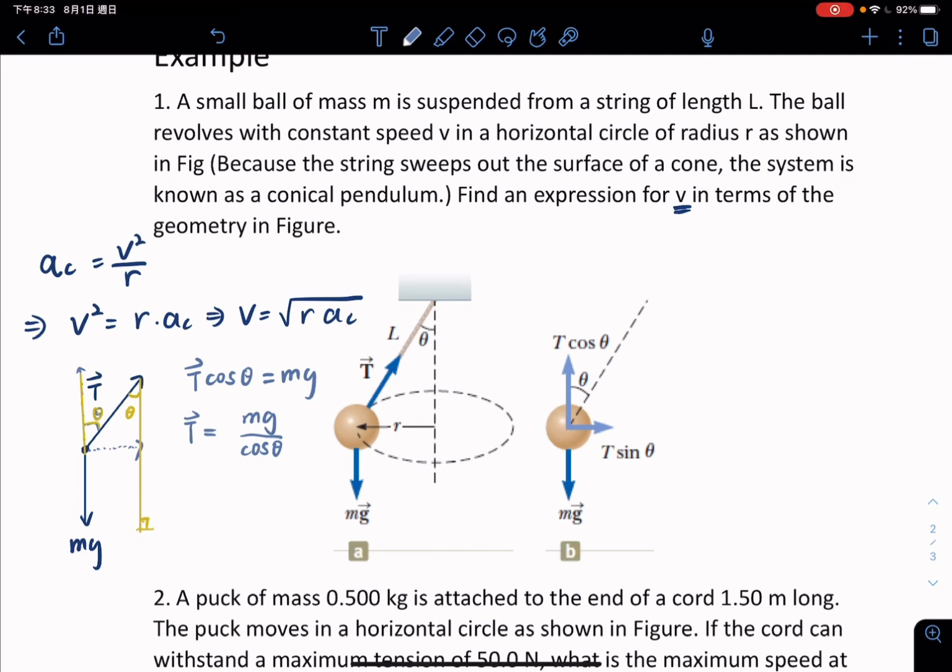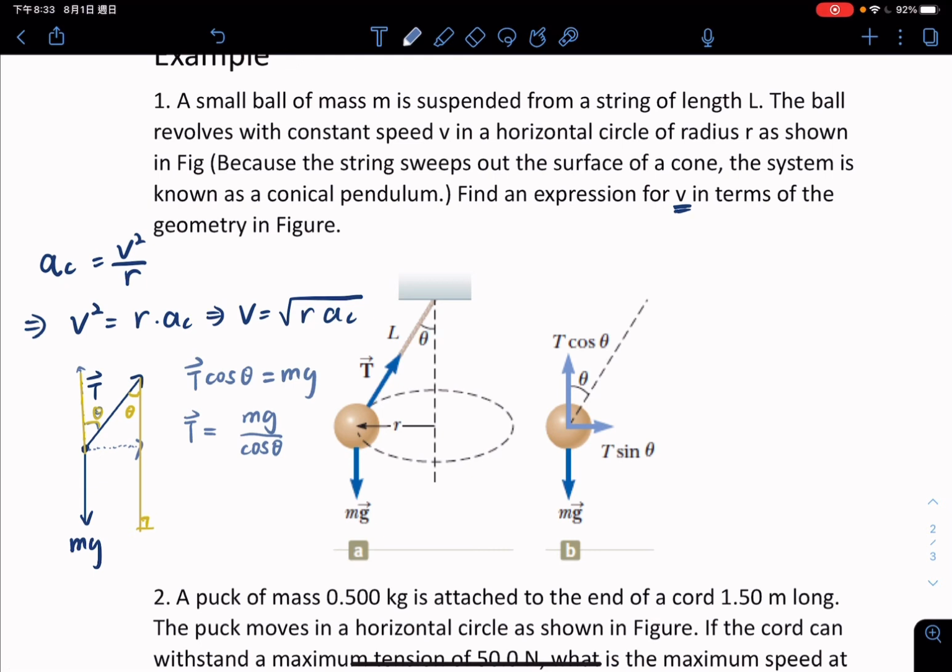And the role of tension of string here is the central force. Then we know this part, T sine theta, is equal to F, the central force, and then F must be equal to N times central acceleration, right?